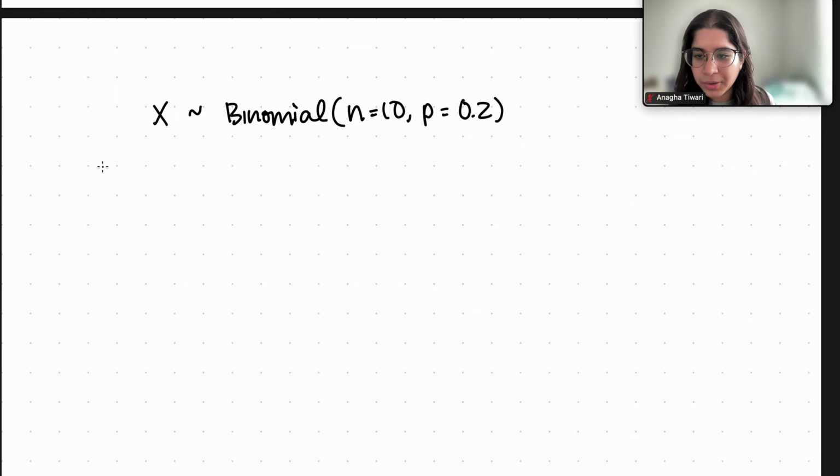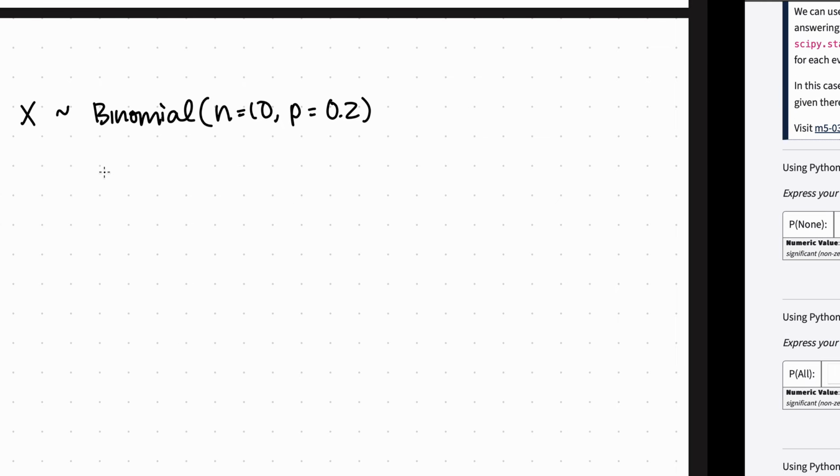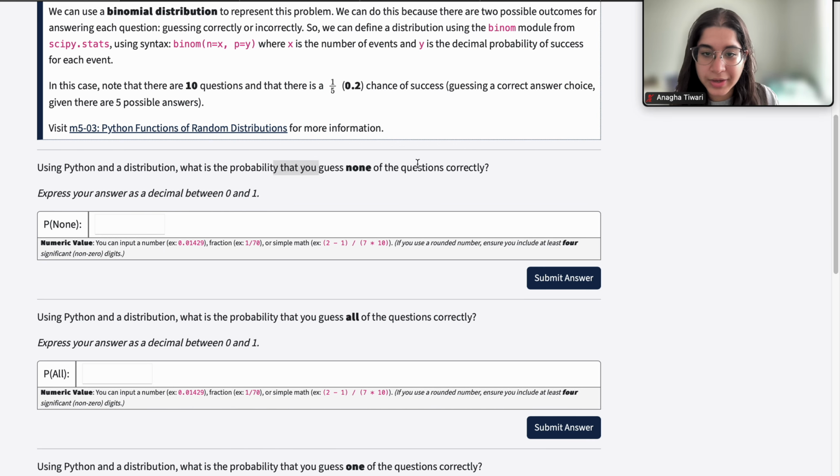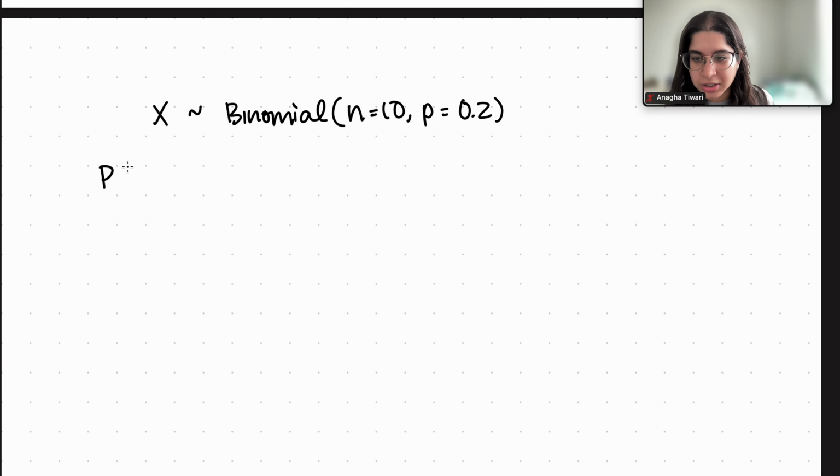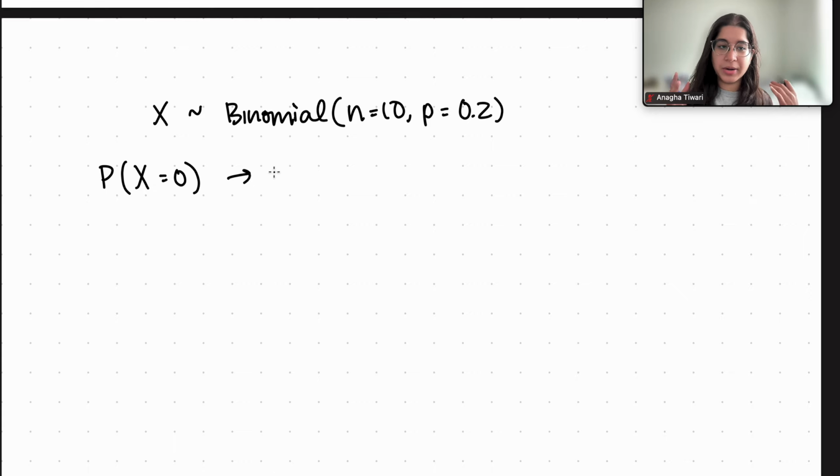So when we want to find the probability that you guess none of the questions correctly, that means out of 10 questions, x is equal to 0, where x represents the number of questions that I got correct. So the probability that I guess none of them correctly is going to be the probability of x equals 0. That's going to use the probability mass function of a binomial random variable.